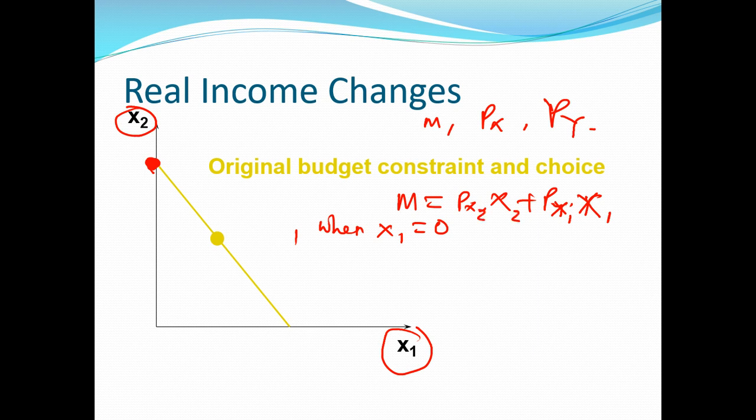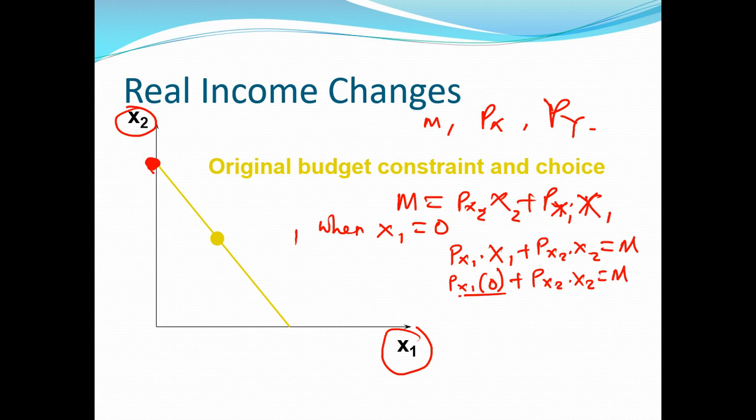If x1 is 0, it's like this: price of good x1 multiplied by x1 plus price of good x2 multiplied by x2 should equal the amount of income we have. But if this guy is not consuming any unit of good x1, it's price of x1 multiplied by 0 plus price of good x2 multiplied by x2, and this should give us the amount of income.